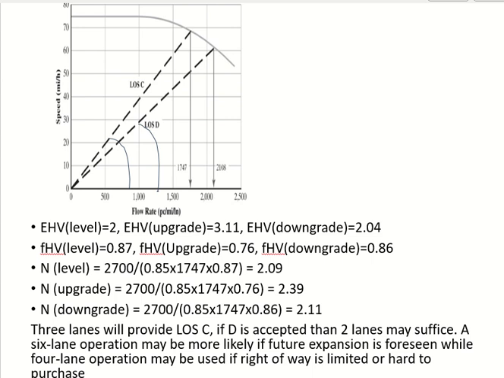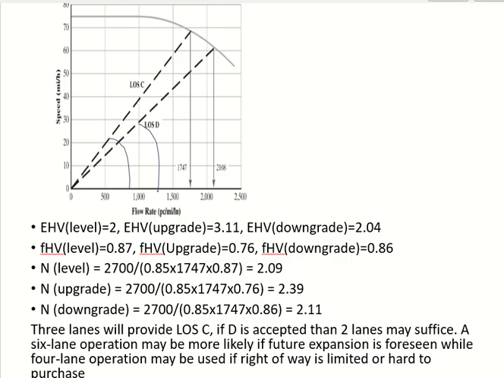The only problem with that is in the future, whatever design volume you have taken, if for some reason the actual volume is more than that, or the growth rate of traffic increases, then you will not even have D. If I make it 3, I may be doing better than C right now.